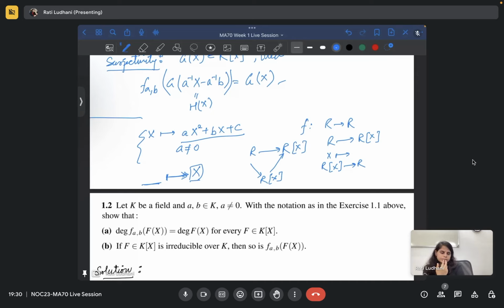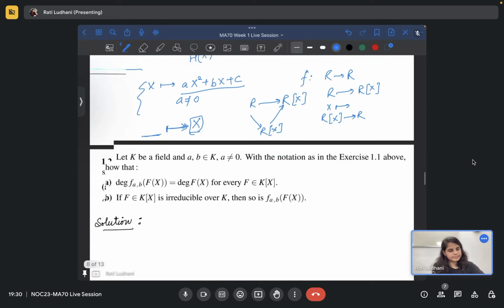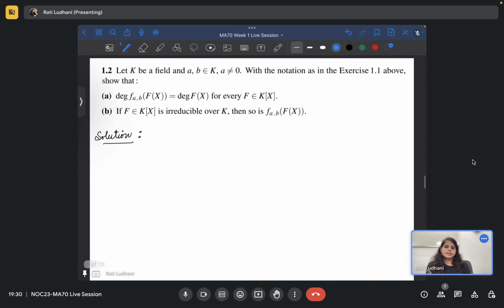So whenever there is an isomorphism between R[x] and R[x], it has to be of this form. Is this right, ma'am? Yes, it will be of this form, of course. Nice observation.